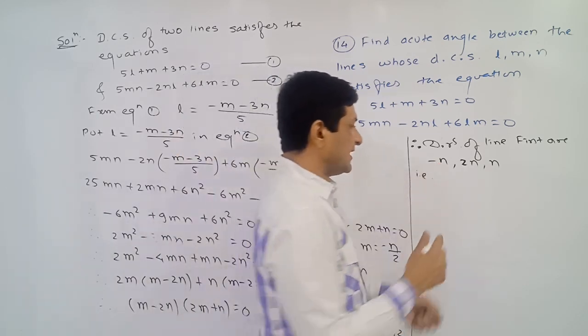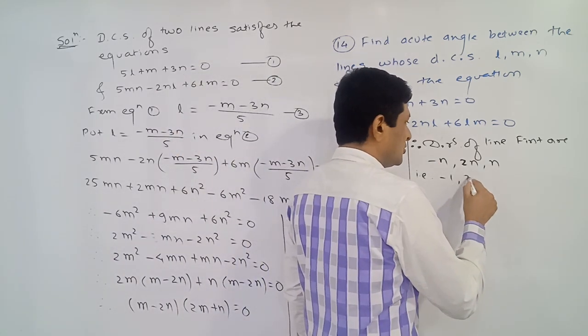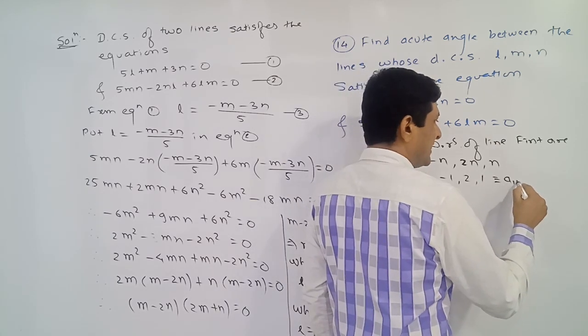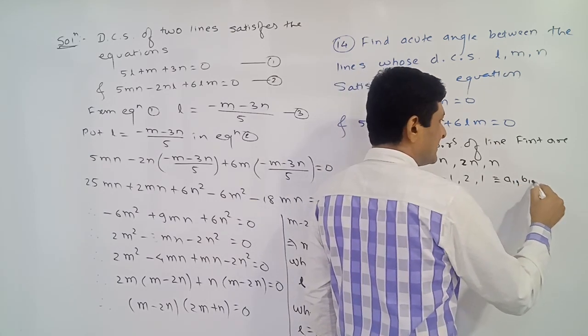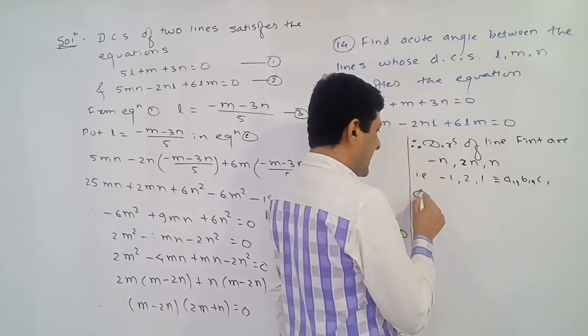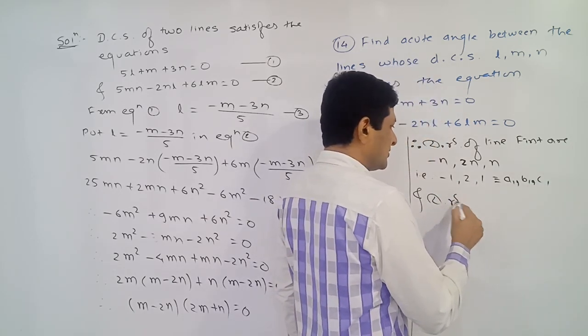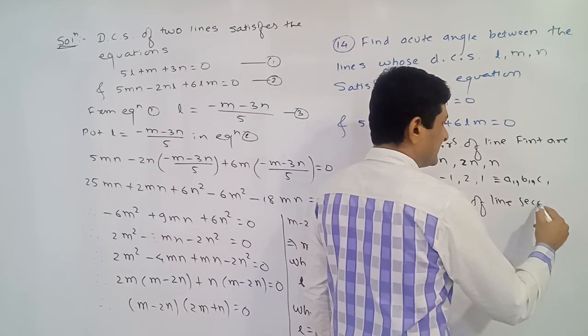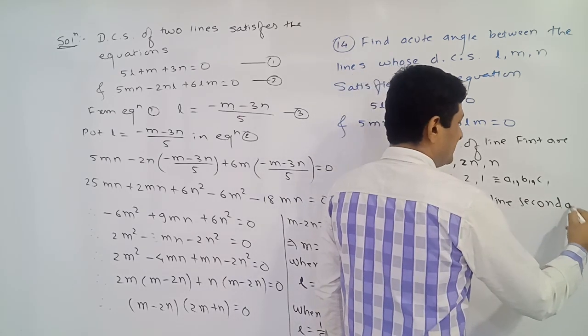So the result we get here is minus 1, 2, 1. Let us denote these direction ratios by A1, B1, C1. Okay, and the direction ratios of the second line are.